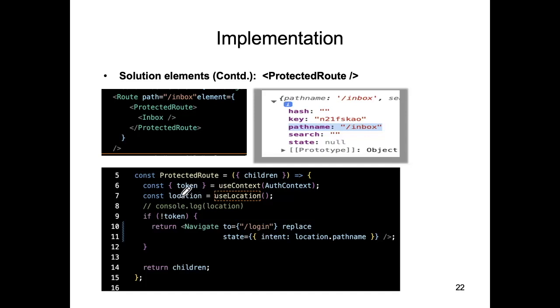I'm also interested in the location object. Now, here I'm checking, and note the not operator here, I'm essentially checking to see: is the user logged in or not? And the way I'm doing that is checking the current value of token. Is it null or is it something else? In JavaScript, we talk about truthy or falsy. When is something true or when is something false?